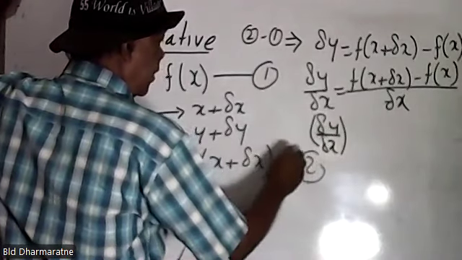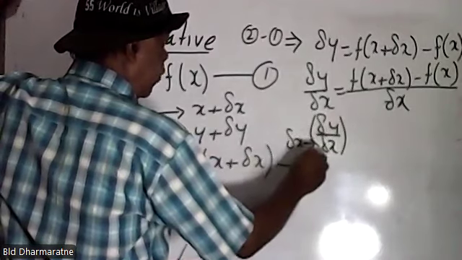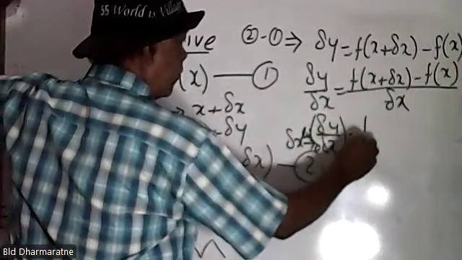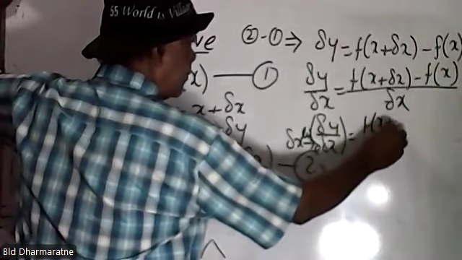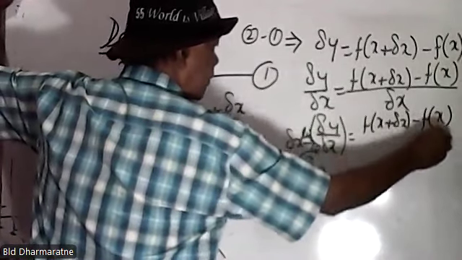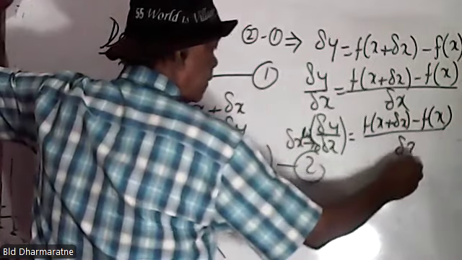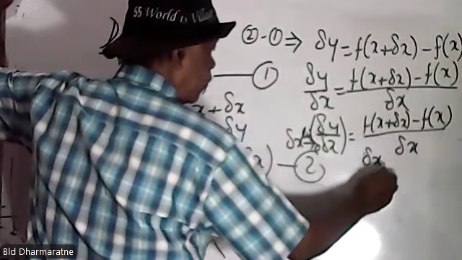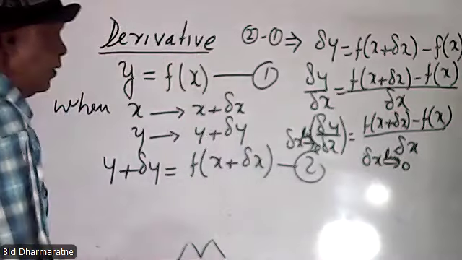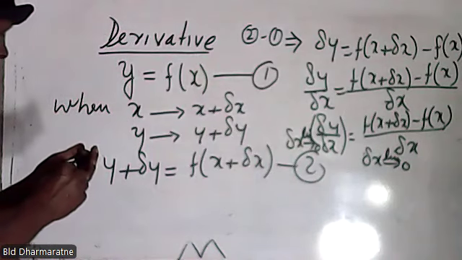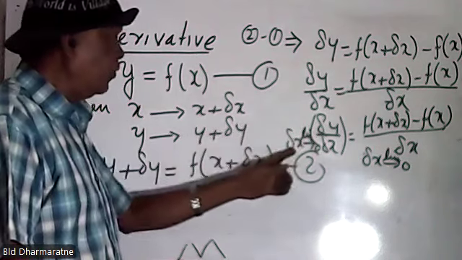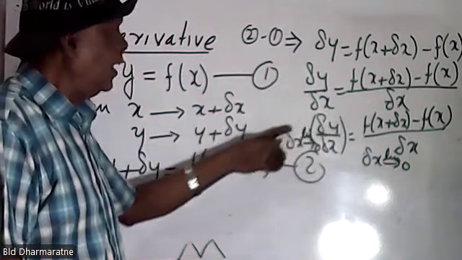The limit as delta x goes to 0 of delta y by delta x equals the limit of f of x plus delta x minus f of x over delta x. Here also delta x tends to 0, the limiting value. On the left-hand side, delta y over delta x as delta x tends to 0 is normally denoted dy by dx.